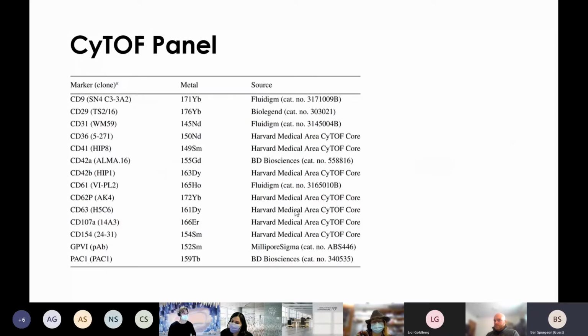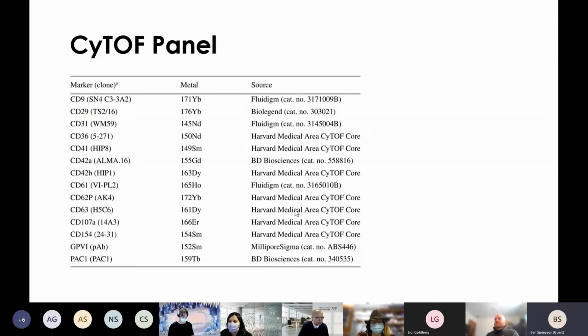Platelets express a wide range of receptors that allow them to perform specific functions. We designed a panel of antibodies that would allow us to perform a comprehensive evaluation of platelet phenotypes and functions.